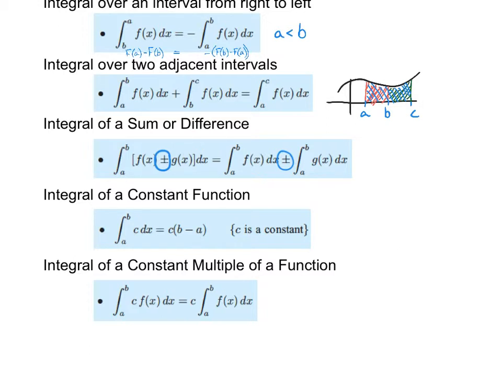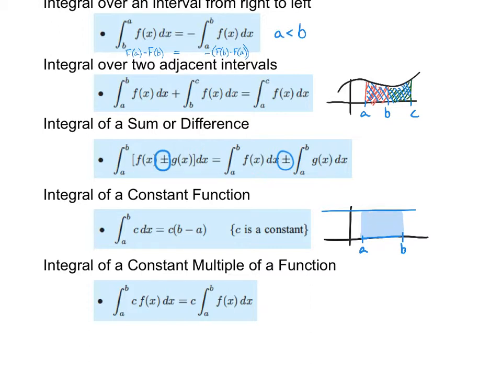The integral of a constant. The only reason why we look at this one is, again, if I look at a sketch of this, if we have a constant function like this, and I go from A to B, that area is going to be what? What shape do I have? A rectangle.